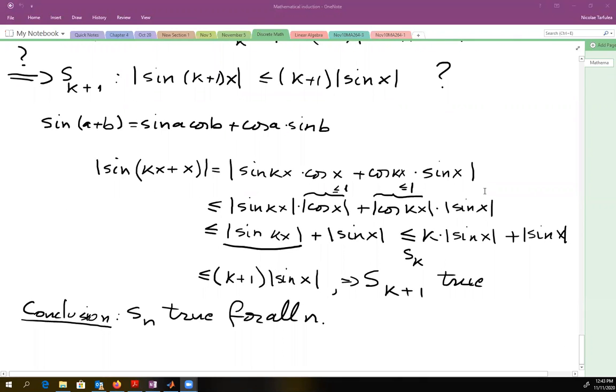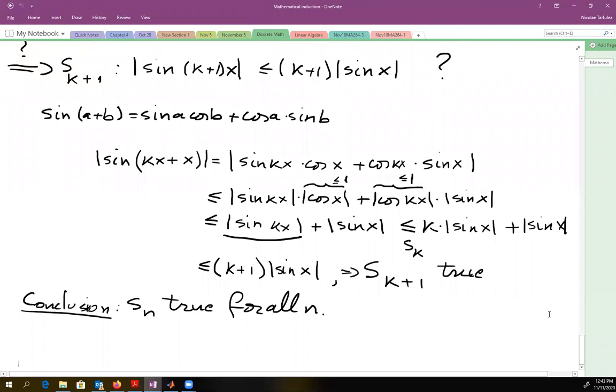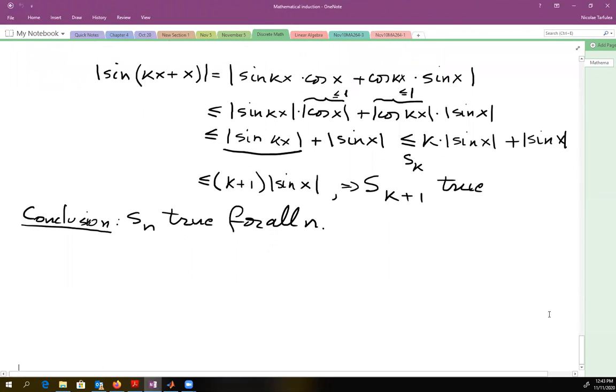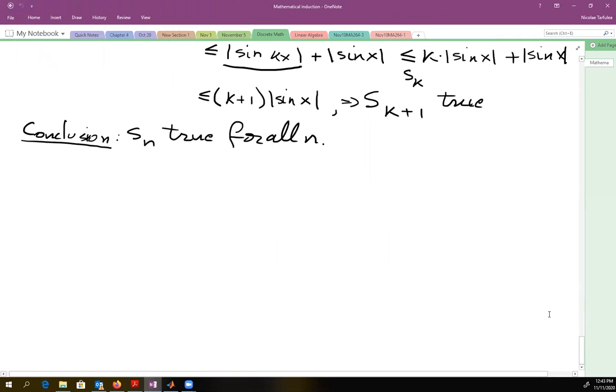However, sometimes in an induction proof, it is not very easy to show that Sk implies Sk plus 1. So that's why we need something a bit stronger. So let's talk about proofs by strong induction.